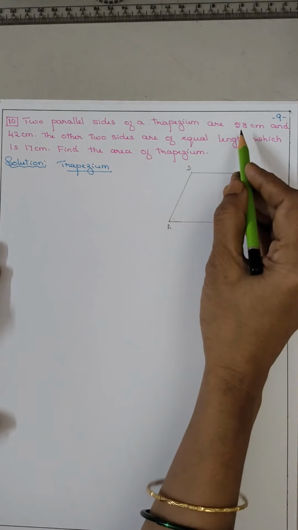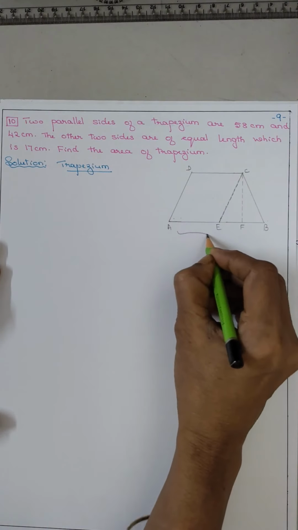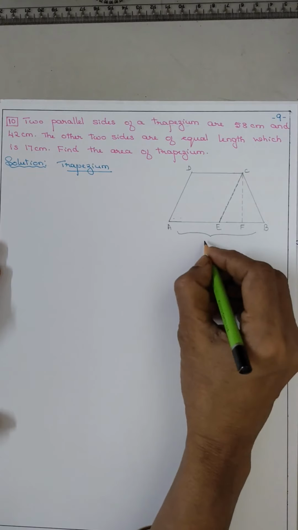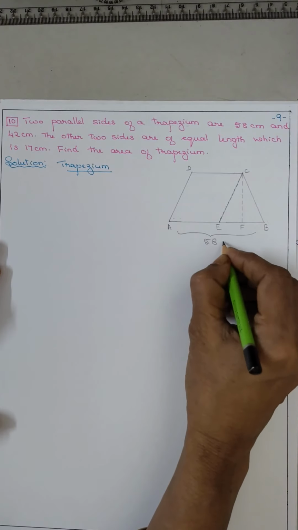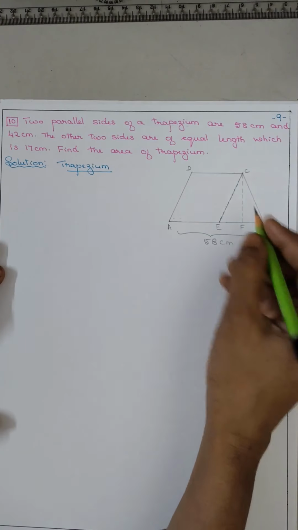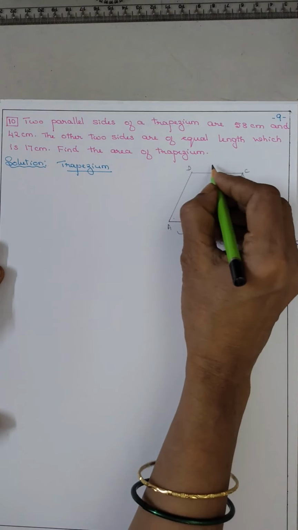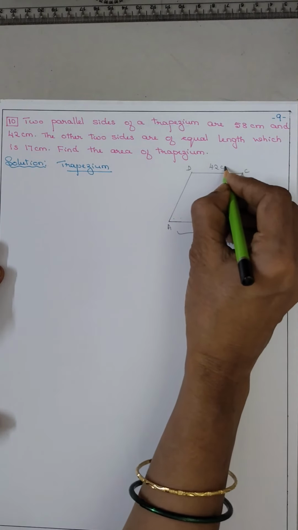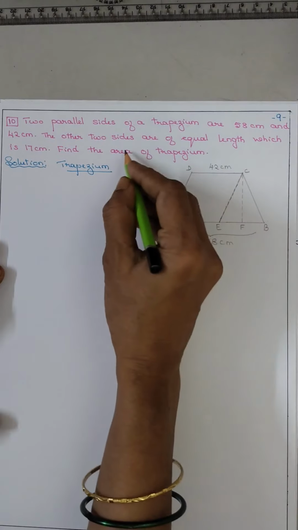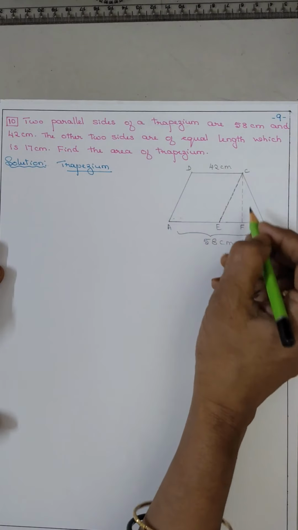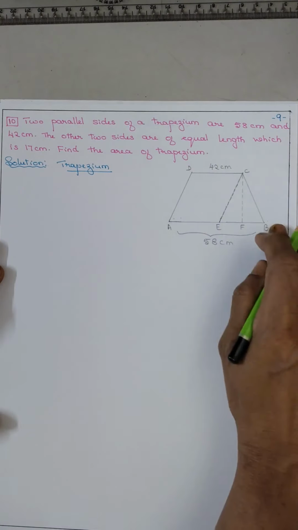So the bigger side, that is A is equal to 58 centimeter. The smaller, this is 42 centimeter. The other two sides are equal, this and this.